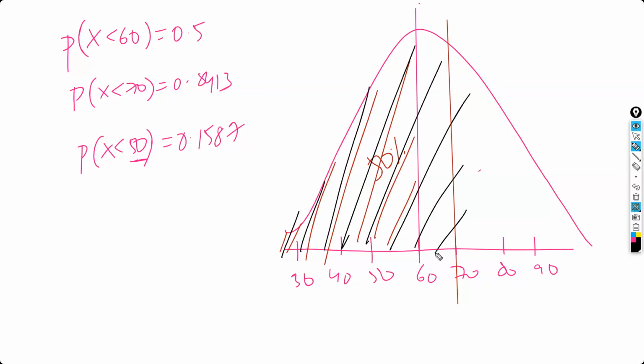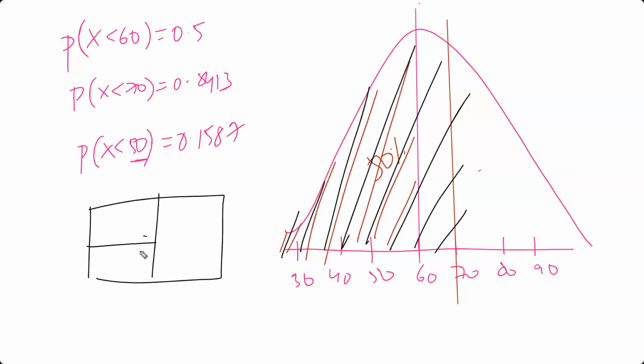Now, what is the balance area? See, this area is 50, that is 0.5, from starting to this point. From here to here, it is 0.84. Now, I am asking, what is this one?